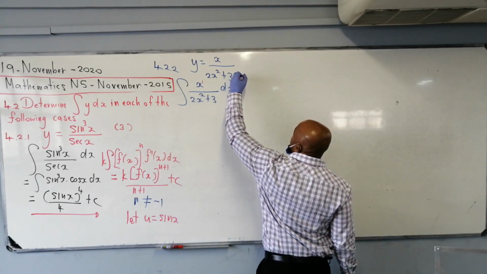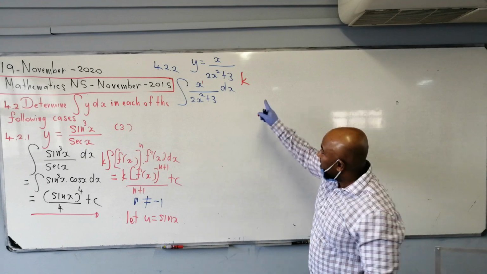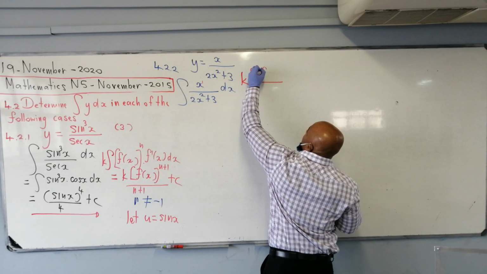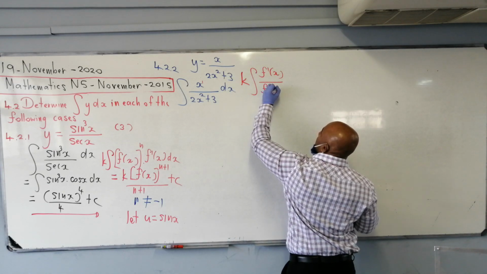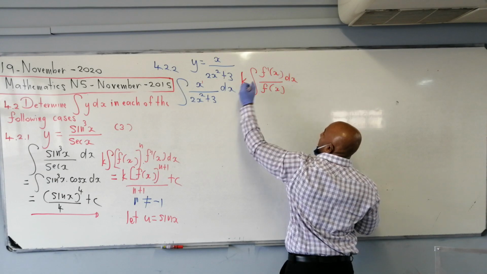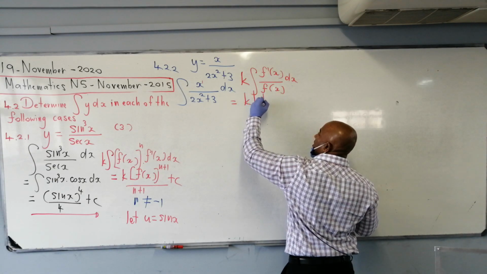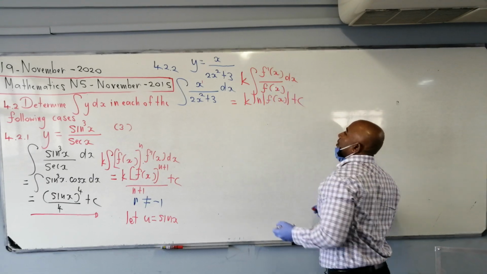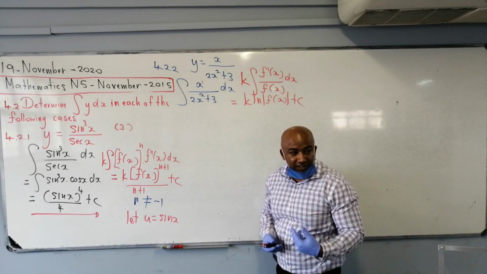So, this is type B. I call this one type A, this one is type B, where the numerator is an exact derivative of the denominator. If this is the case, then the answer by inspection is always going to be ln absolute value of the denominator plus c.